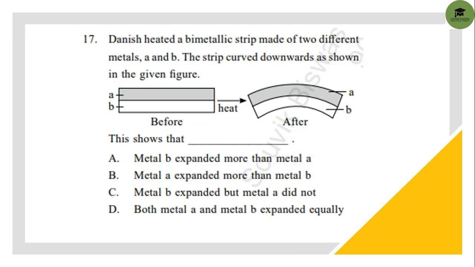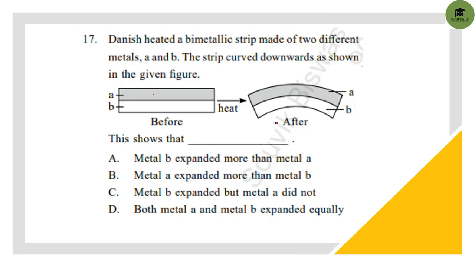Next one. Danish heated a bimetallic strip made of two different metals A and B. The strip curved downwards as shown in the given figure. So this is a bimetallic strip, A and B. After giving heat, the structure of this bimetallic strip is shown here, where it is curved.